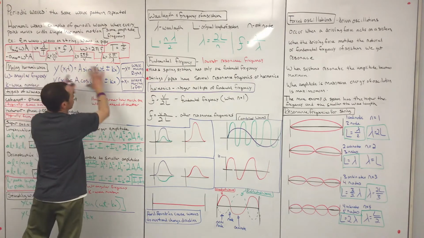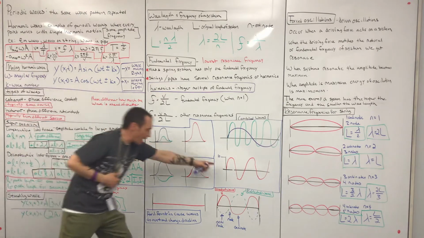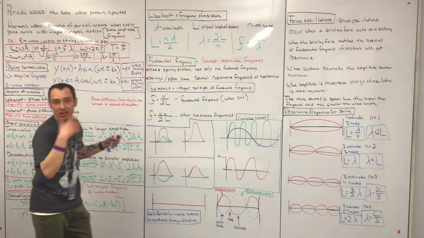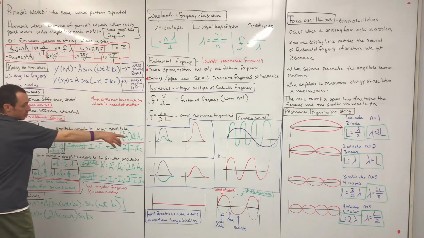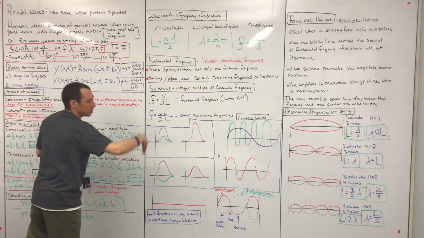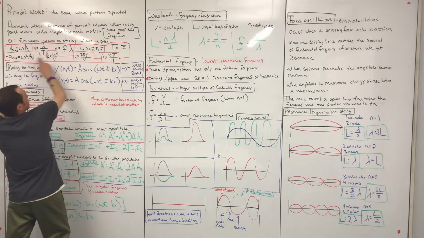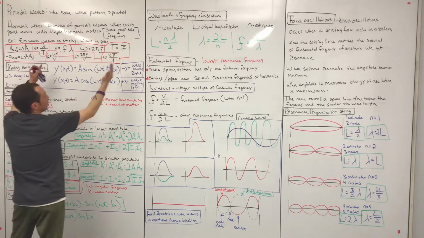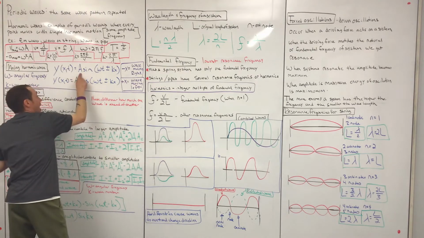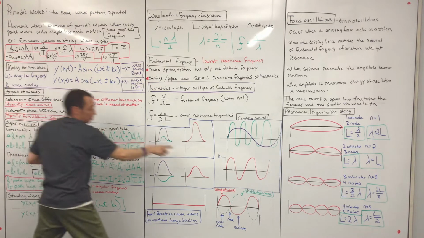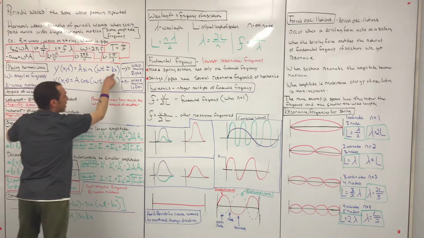Okay, so when we ask you to write this equation, if we give you a graph that has a certain amplitude on it, we tell you the wave has a certain frequency and is moving with a certain speed, you can get omega and k from these equations up here. So when we ask you to write an equation for a wave, A, the amplitude, needs to have a number, omega needs to have a number, and k needs to have a number.